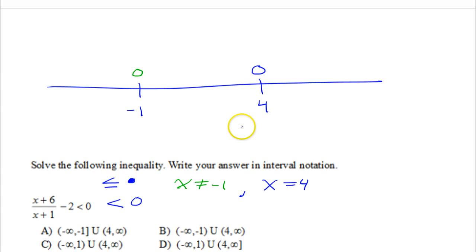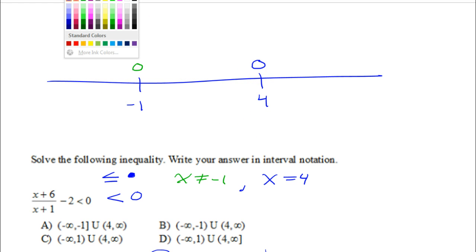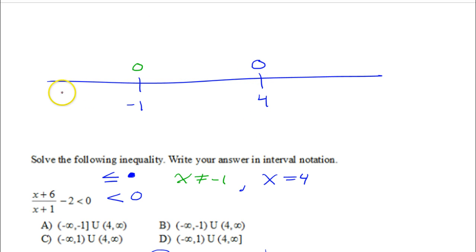Alright, now it's time to do the test values in each zone. So here to the left of -1, I could use things like -2 or -3. Between -1 and 4, I can check values like 0 or 2 or 3. To the right of 4, I can use values like 5 or 6 or 7.